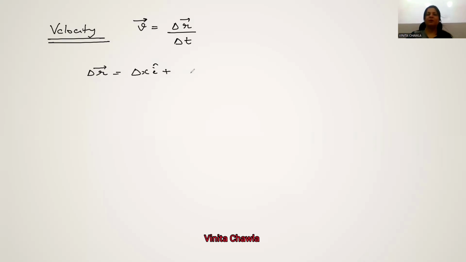So we can also write velocity. See, how do we write velocity? Velocity can be written as displacement upon time. This is how we write. Okay. And what is delta r vector? It is delta x i cap plus delta y j cap plus delta z k cap.